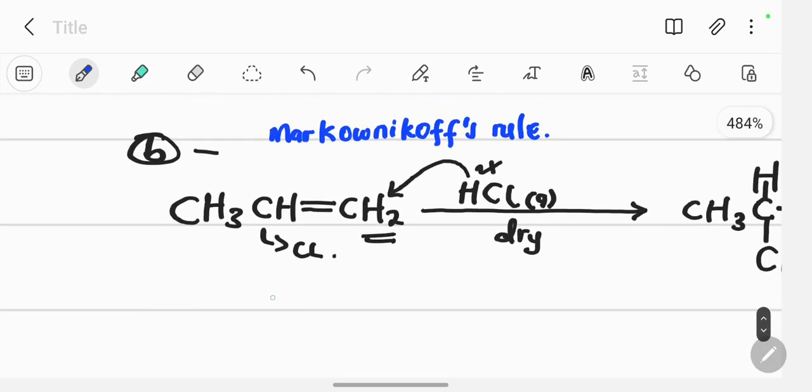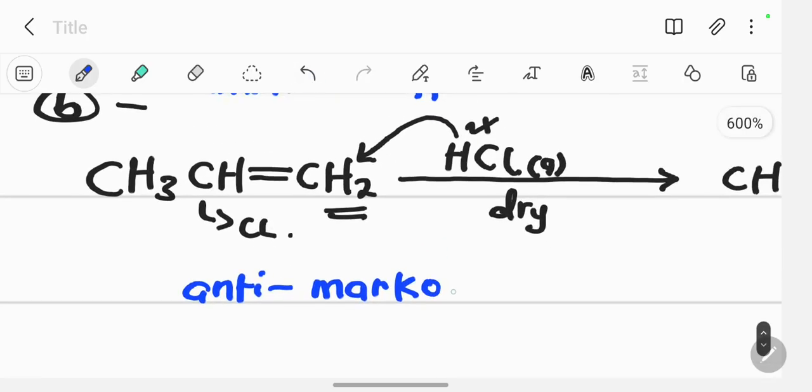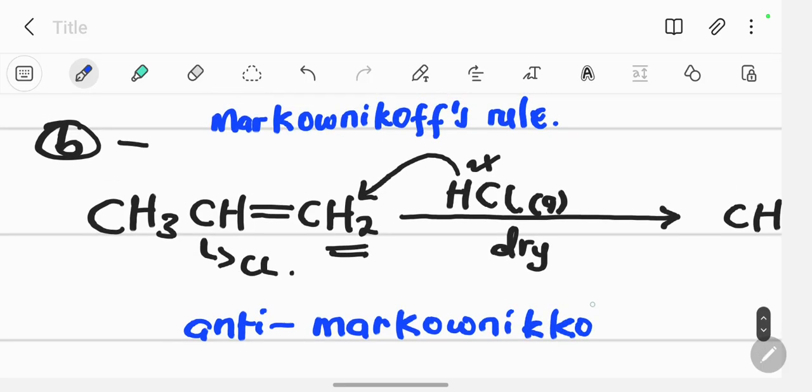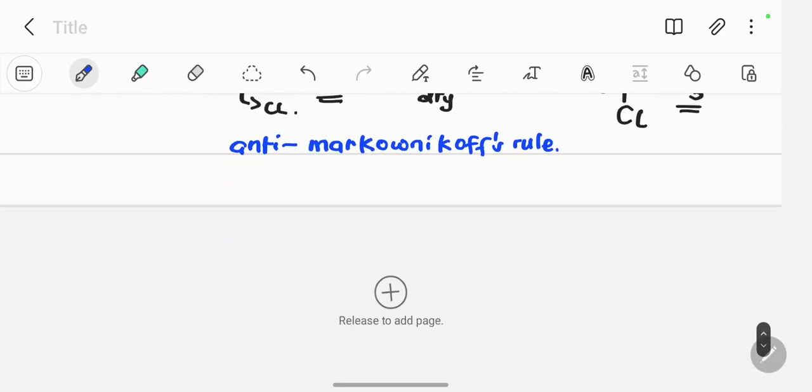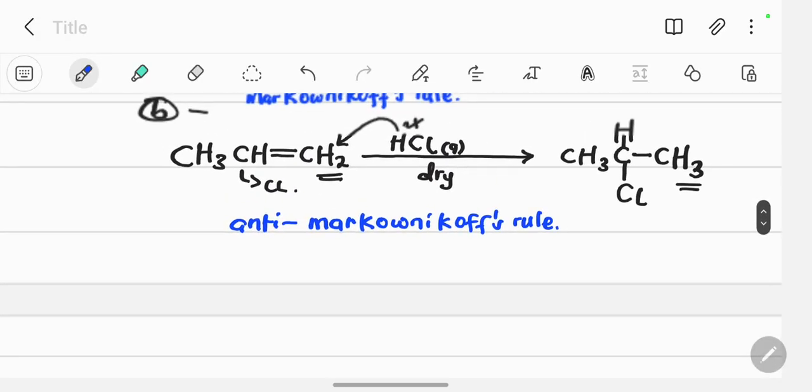Then anti-Markovnikov. So under anti-Markovnikov's rule, we are going to use an organic peroxide.